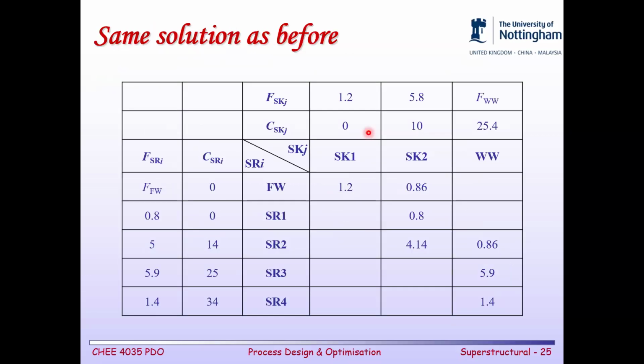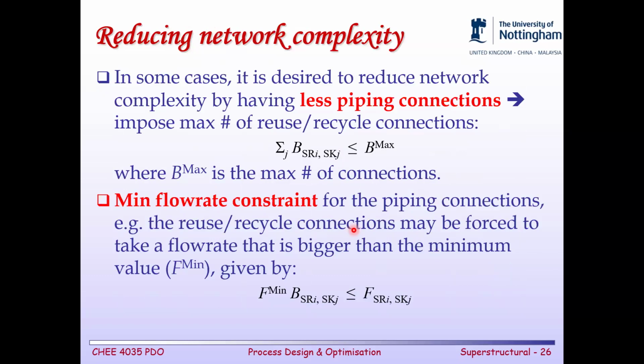By the way, I retained the code that forbids the match between source 1 and source 2. Alright, so at this point, you may pause the video and see if you can generate the same results.